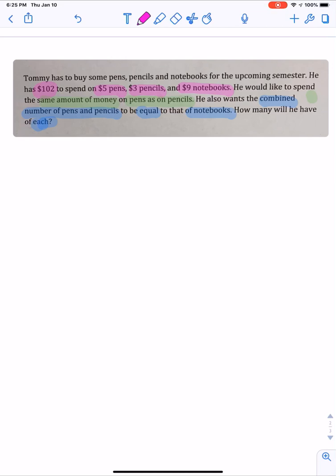So first of all, I did kind of change color a little bit to help myself. But basically what they're trying to do is talk about pens, pencils, and notebooks. Now, usually we would use the first letter to help us remember, but because pencils and pens both start with P, we're going to have to be a little bit more inventive.